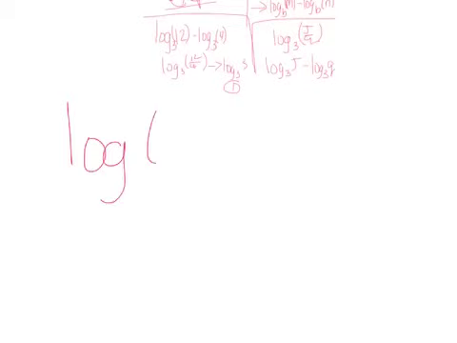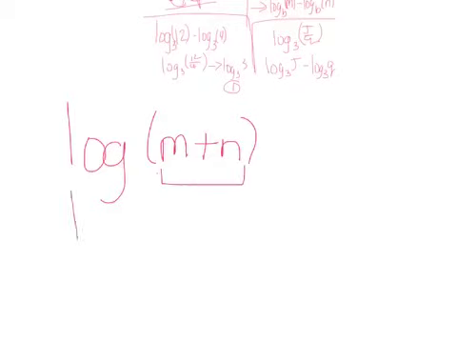The log of m plus n is not a product. In fact, this isn't even the product rule, and there's nothing I can do here. I cannot expand this problem at all because the addition is not related to multiplication. The addition is internal to the logarithm. Okay? So when I say internal, that means anything inside those parentheses.